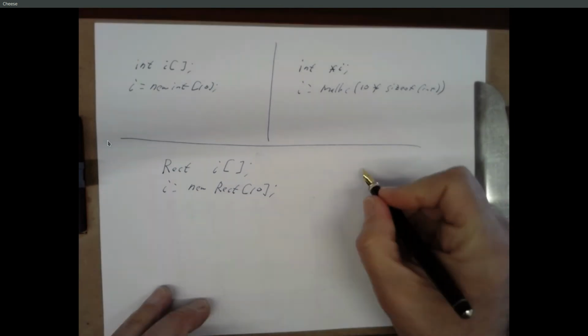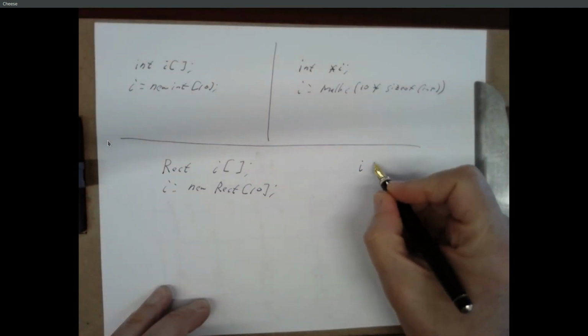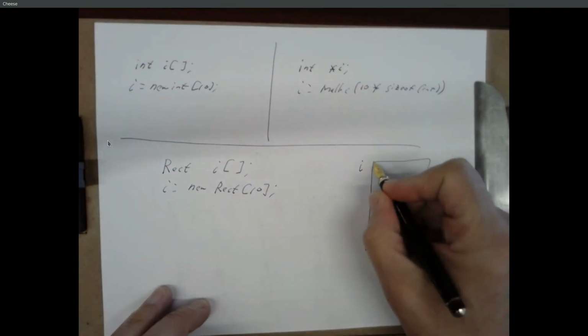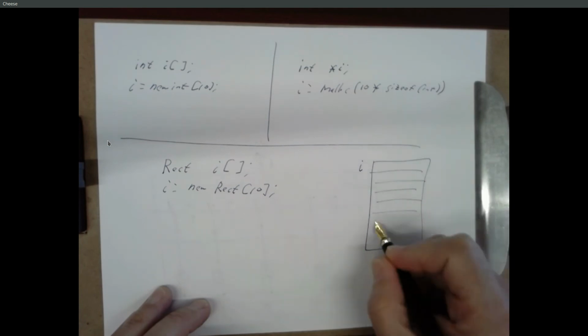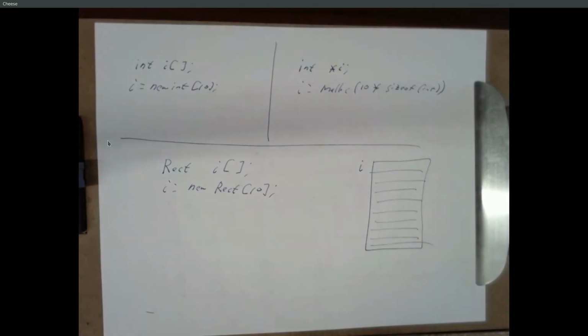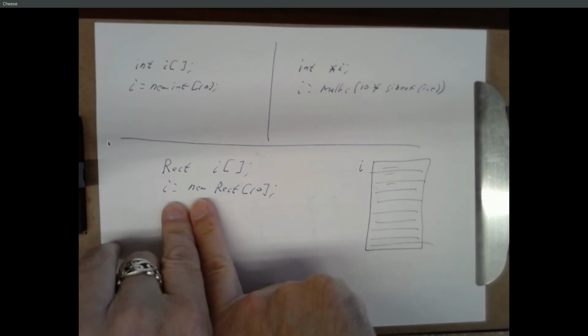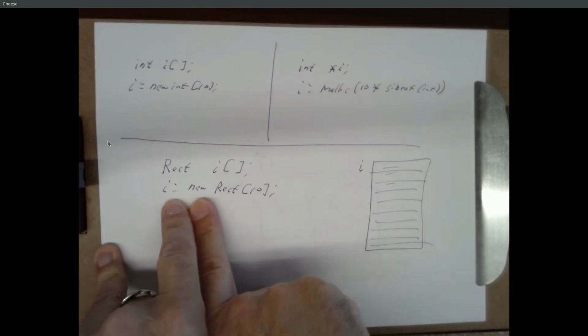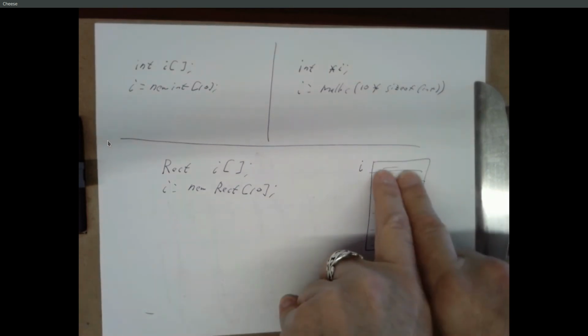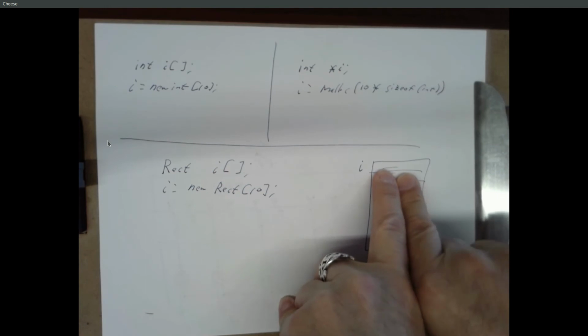So now I is a thing, it's an array that has space for 10 rectangles. But those rectangles themselves don't exist. This is creating the array, right? It's an array of, if you will, pointers to rectangles, but those pointers themselves haven't been initialized.